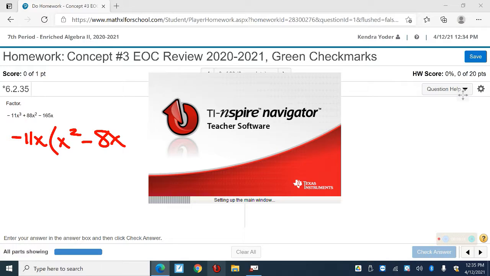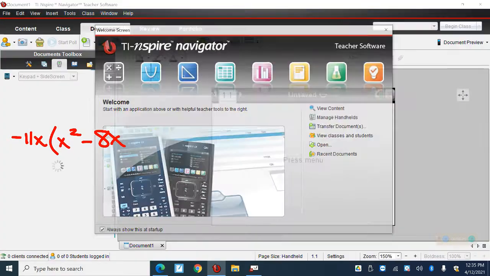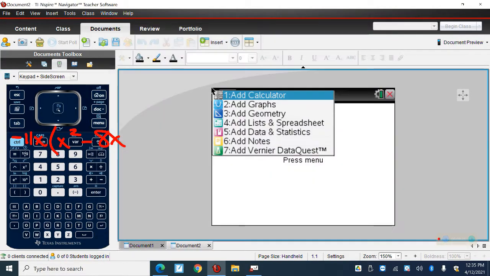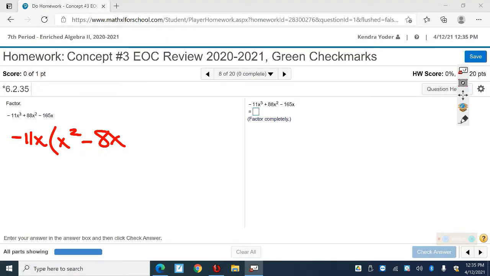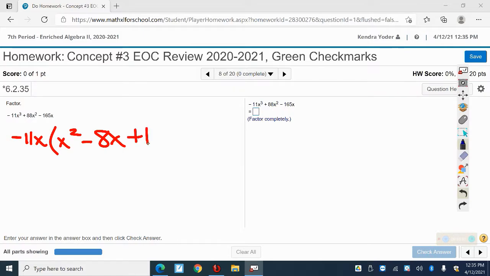I'm going to come over here and do that because it's going to take a while. I want to make sure I get the right number. 15. Plus 15, and then you got to bring this down.